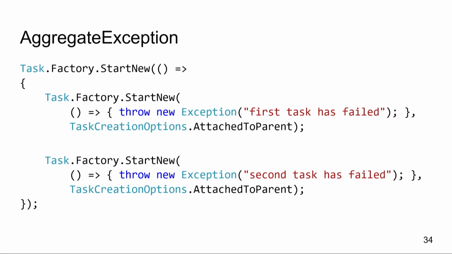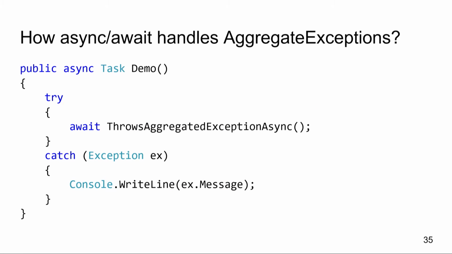But okay, let's say that I have this method that throws 2 exceptions, and I'm awaiting it. So which exception is going to be caught? An AggregateException with all of them, an AggregateException with one of them, first, last, random?